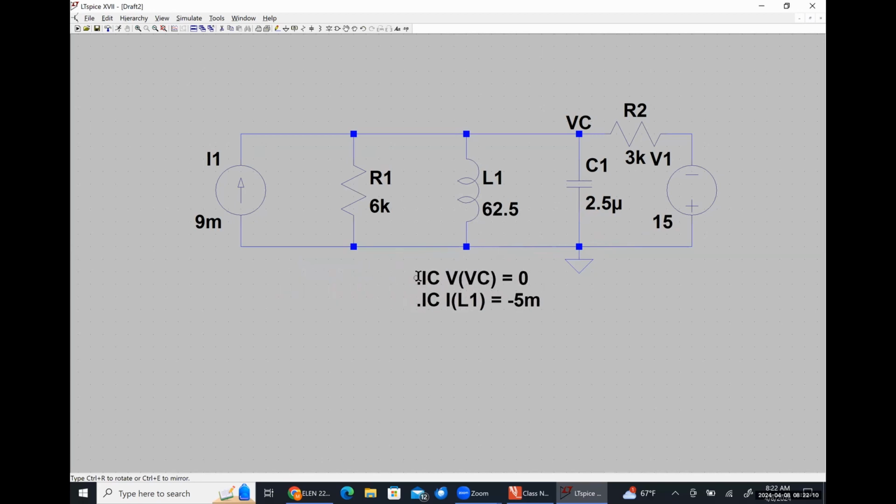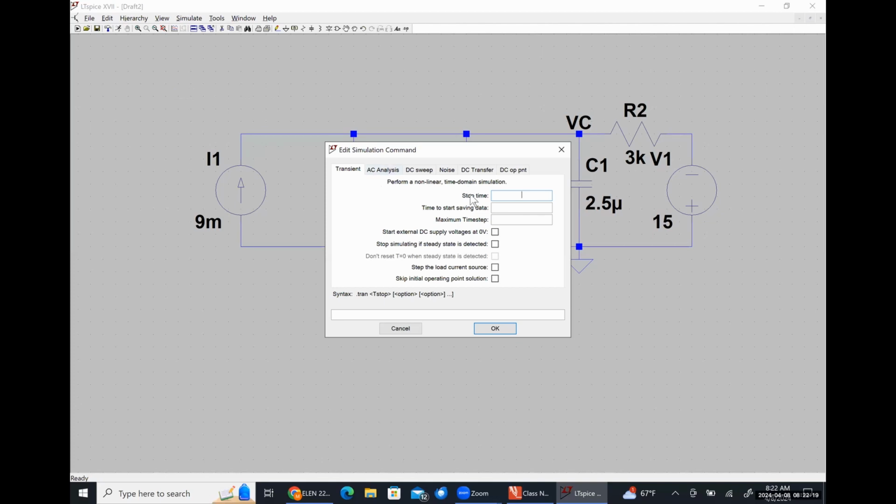I'm just going to put this over here out of the way. And now I'm going to run a transient analysis. So I'm going to edit my simulation command. I'm going to leave it on transient analysis. I need to figure out how long to run this thing. And so what I'm going to do for this particular problem is start with kind of a guess.